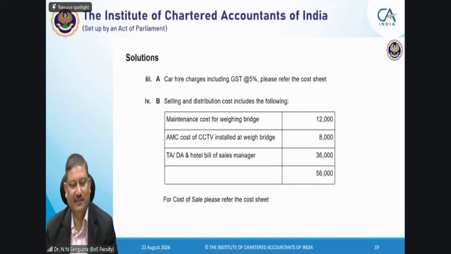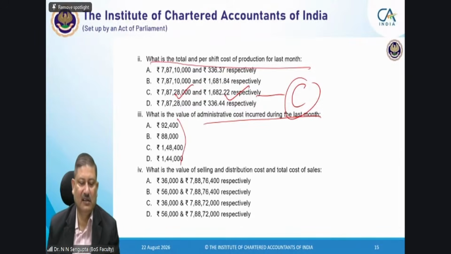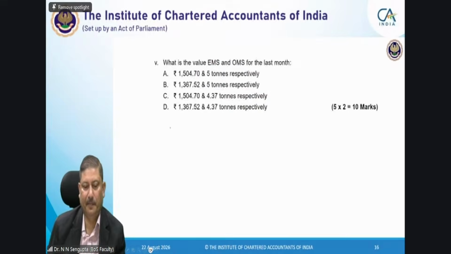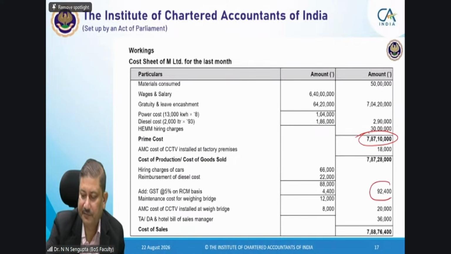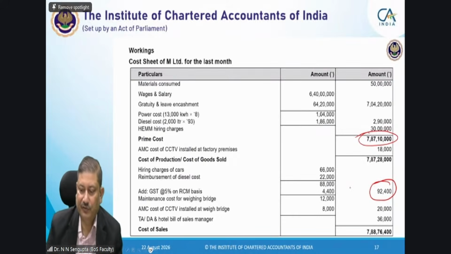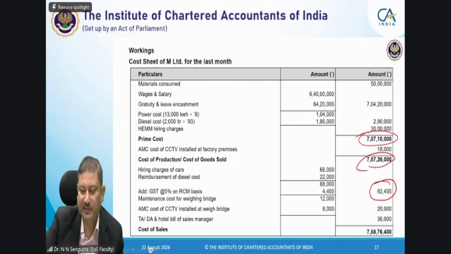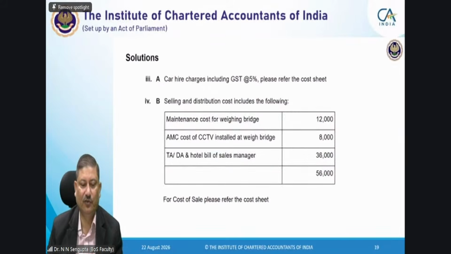So the answer we'll be getting is 92,400. This one. So first question we have got, second we have got this one divided by the man shift. This is the third answer. Now let's go for the fourth answer.